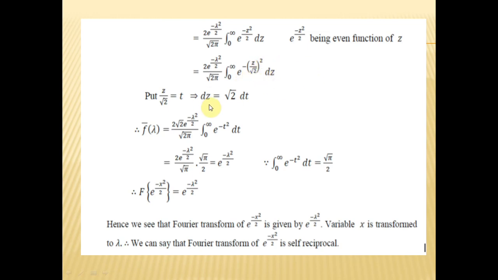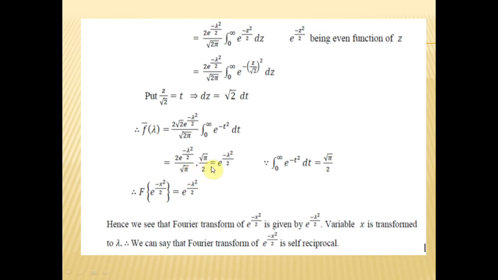Now to integrate the term, I will take z by root 2 is equal to some t. So dz becomes root 2 dt. Now the limits are the same, they do not change. So it is integral 0 to infinity e raised to minus t square dt, and this integral value you need to know by heart, it is equal to root pi by 2. Replace the value here.